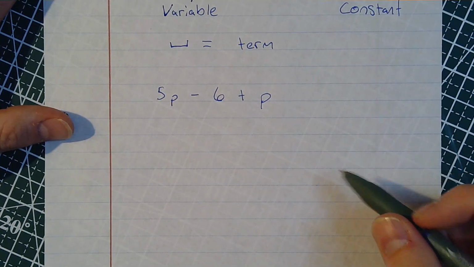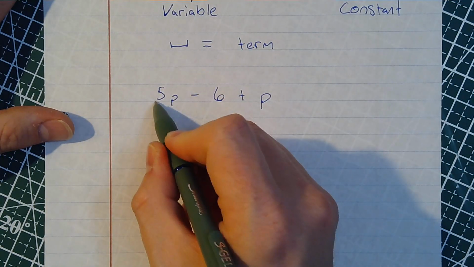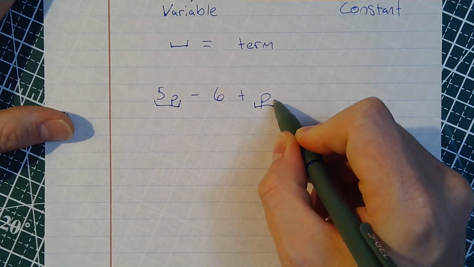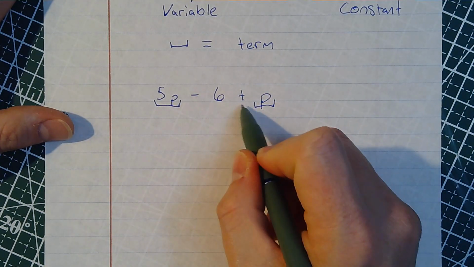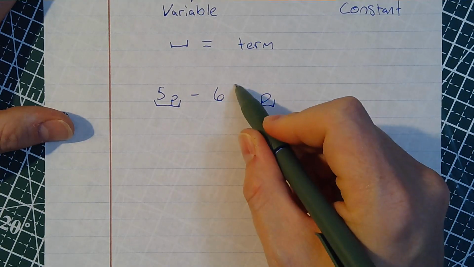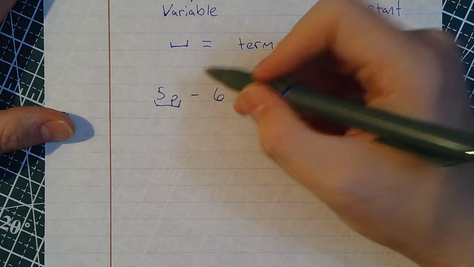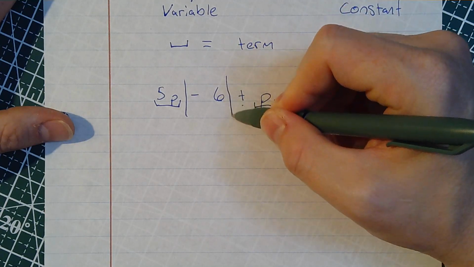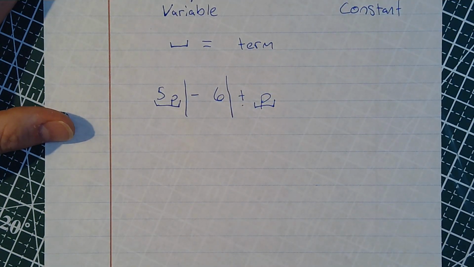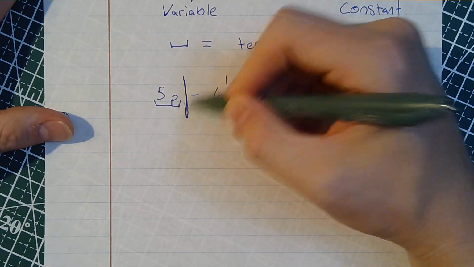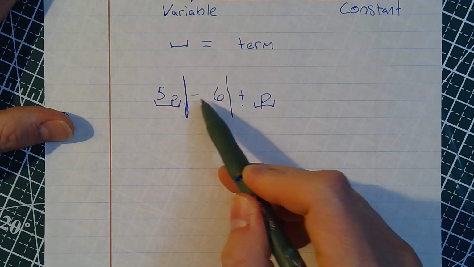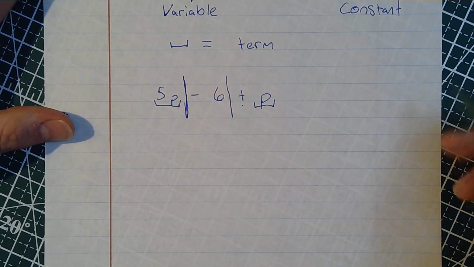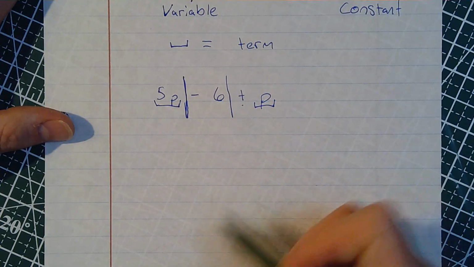Right now for this one, I see two terms that contain the variable p, which means these can be combined together. I'm going to keep the symbol together with each term. Another way of looking at this is if I put each within its own section. Please don't get confused by these lines, but you're sectioning it off so that each operator stays with its term. And I'm going to combine like terms.